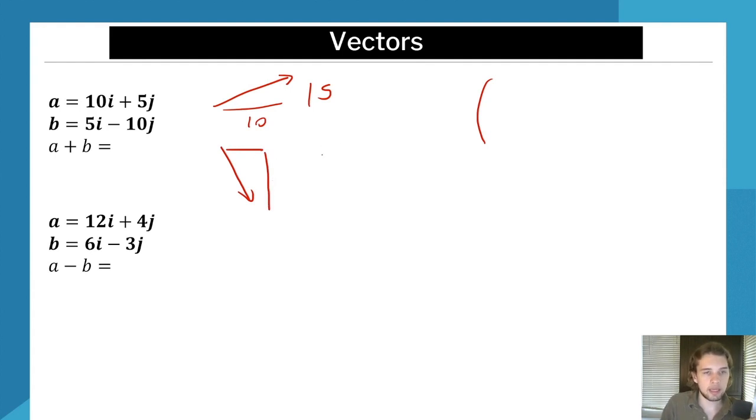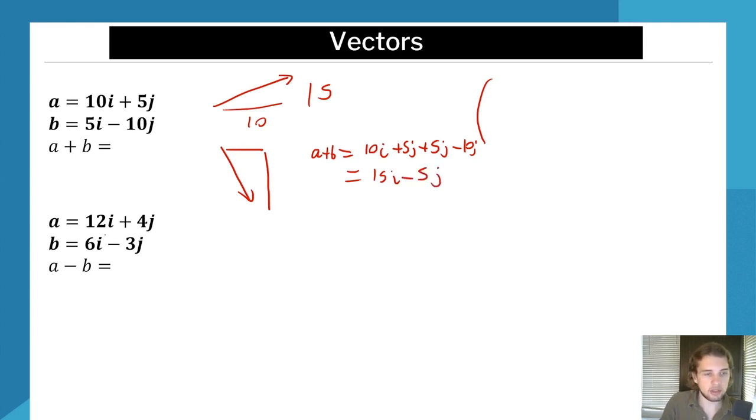So A plus B is equal to simply all of the components added together. So we can make this very easy on ourselves if we're using component form. Polar form would be a lot more difficult to recognize, like how to find a solution. So that's 15i minus 5j, and that's our answer.